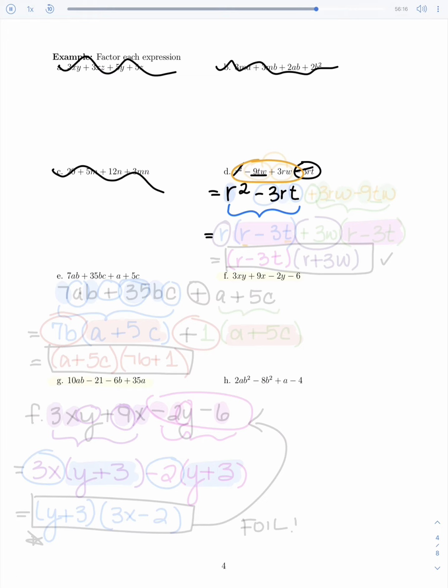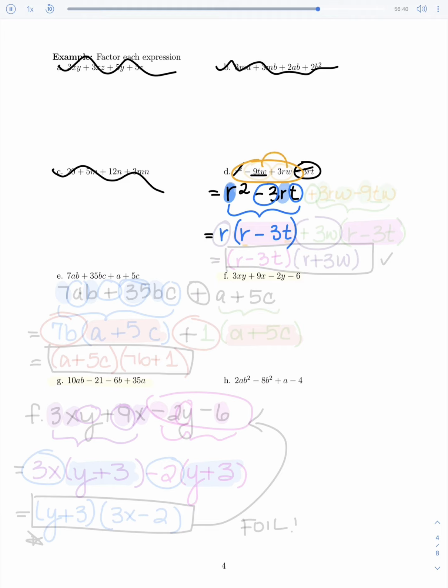So what do these two have in common? They both have an R. So we can factor out an R, which will leave us with one R left, and then we'll have the negative 3 and the T. Now, how does that help us tell what order those two up top need to be in?